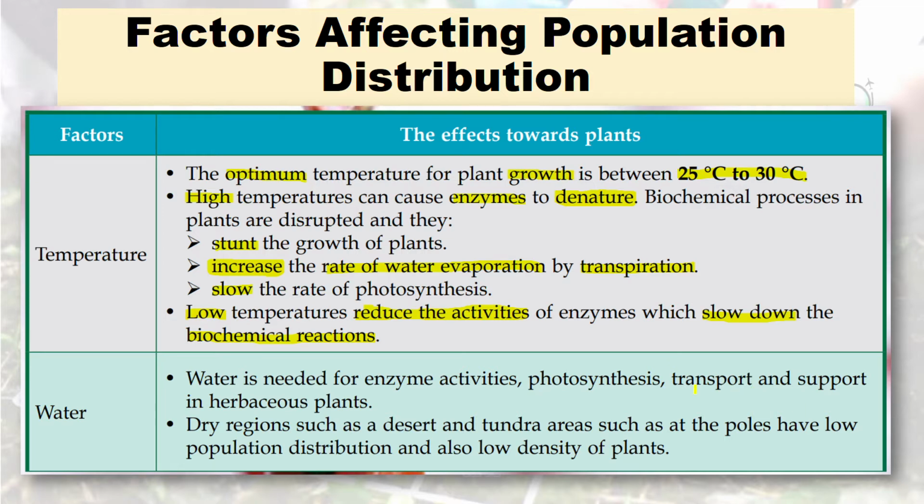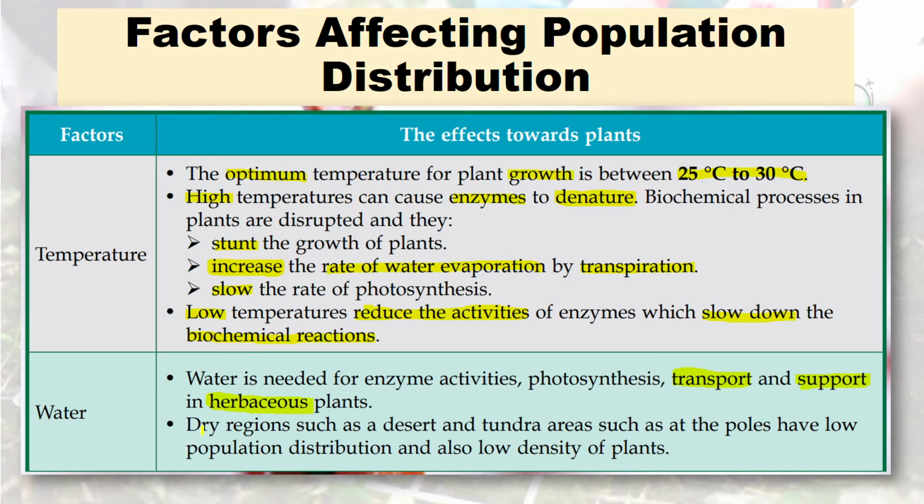Okay, as well as for transport. Okay, sebab yang larut bersama dalam air adalah the mineral salts, the ions that are needed by the plants. Okay, as well as for support, mechanical support, khususnya bagi herbaceous plants, iaitu tumbuhan yang tidak berkayu, di mana they are depending on the turgidity of the cell.